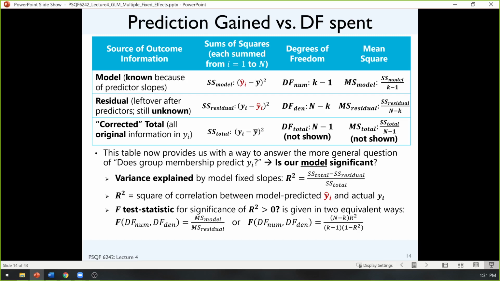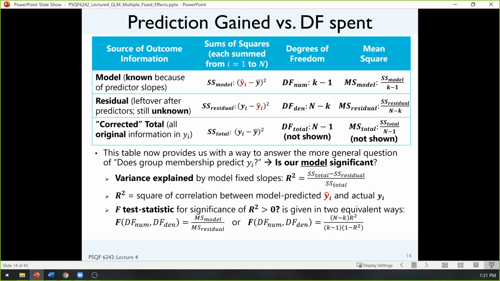Quick question: when it's telling us whether or not it's significant, is that still tied to the same alpha that we've used in previous models? Yep. If the p-value that goes with your F is less than your alpha, it is significant.